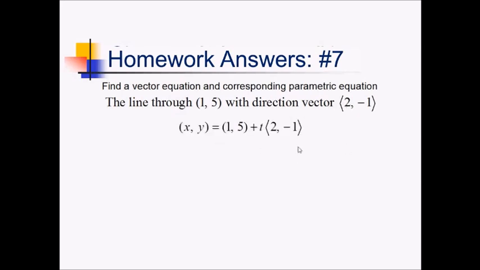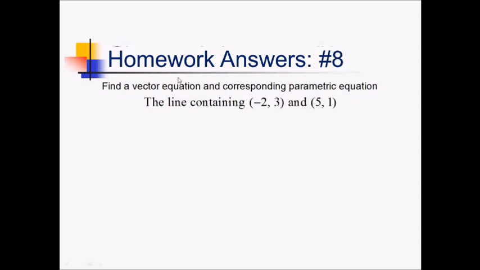So that'll be our vector equation. For the parametric equations, we just take x and y separately. So for x, we have x equals 1 plus t times 2, or 2t. And then for y, we have y equals 5 plus t times negative 1, or 5 minus t.